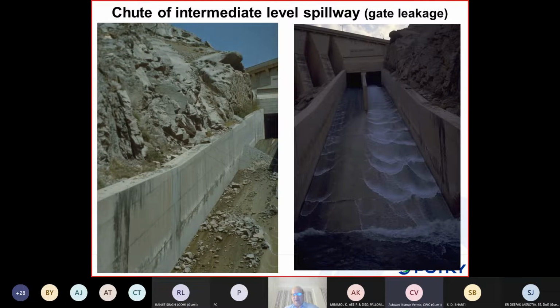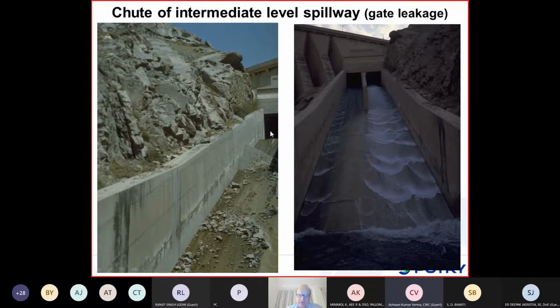Now let's look into this intermediate level spillway, and we can see here there is also some material falling into this channel, into the chute of this intermediate level spillway, and here another photo showing that.